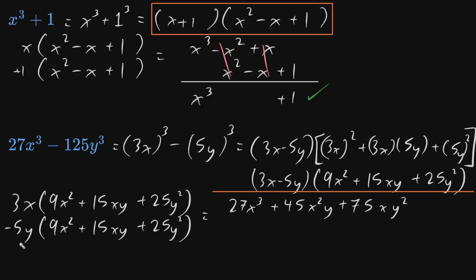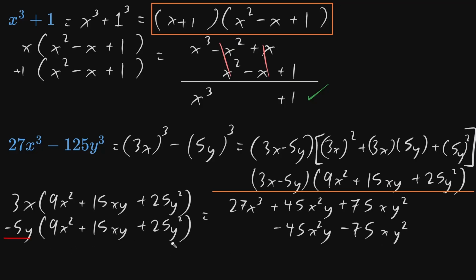On the bottom, then, we're multiplying this negative 5 times 9 here, so that'll be a negative 45x squared y. The negative 5y and the 15xy, that'll be 15 times 5. I think that's going to be, yeah, that'll be 60 plus 15, 75. So that'll be a negative 75xy squared.